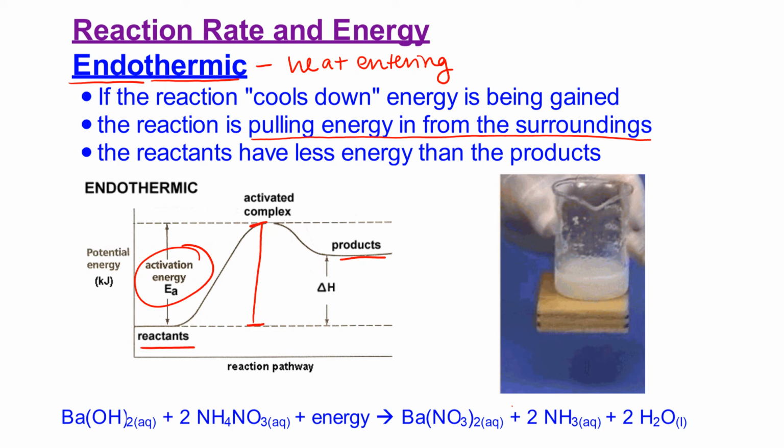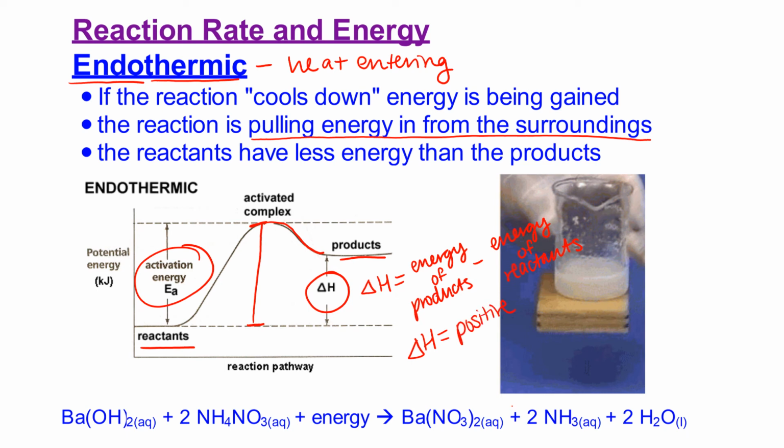And then once the reaction's actually going, this delta H is going to be the change in energy, which remember, delta H is going to equal the energy of the products minus the energy of the reactants. So if we think about our delta H values here, because the products are going to have more energy than the reactants in an endothermic reaction, our delta H is going to be a positive value, whereas in an exothermic reaction, our delta H is going to be a negative value.